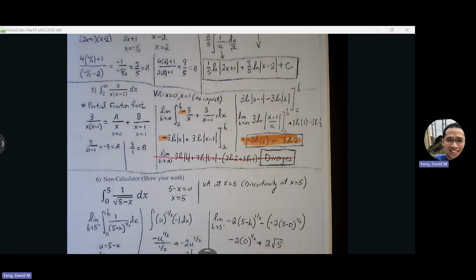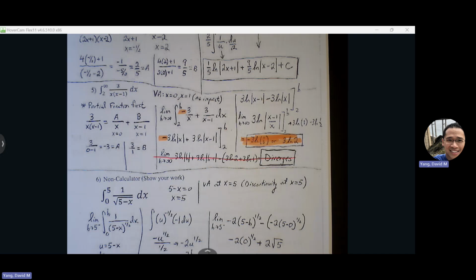Okay, so I think I skipped some steps here. Let me do this one. So you compare degrees, which gives me 3 natural log of 1, which is 0.